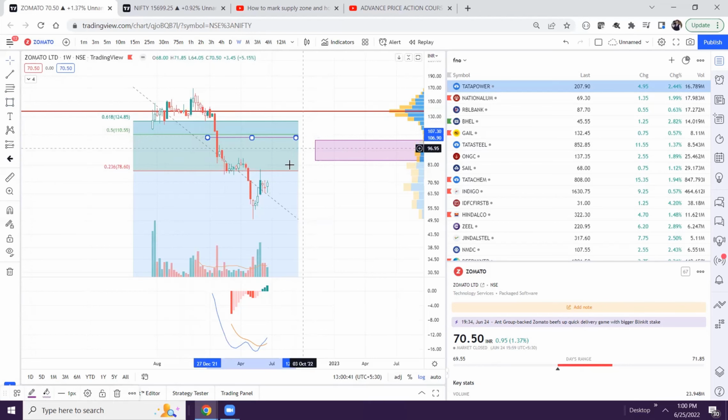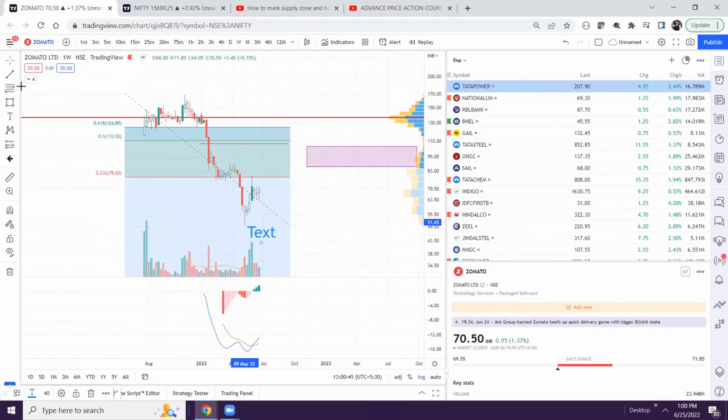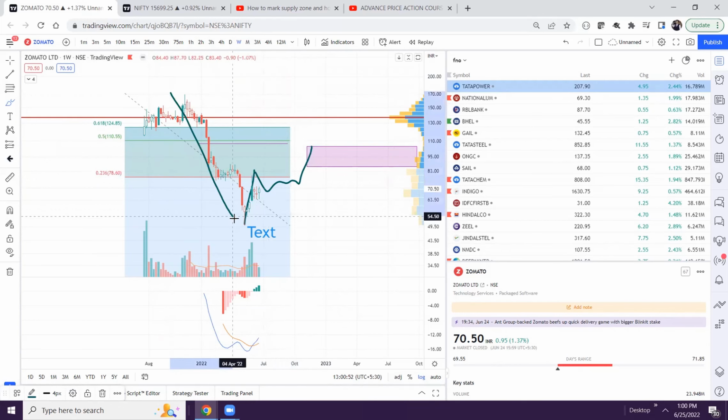So till that moment you can get structure like this, but major trend is down and you can get another move down.